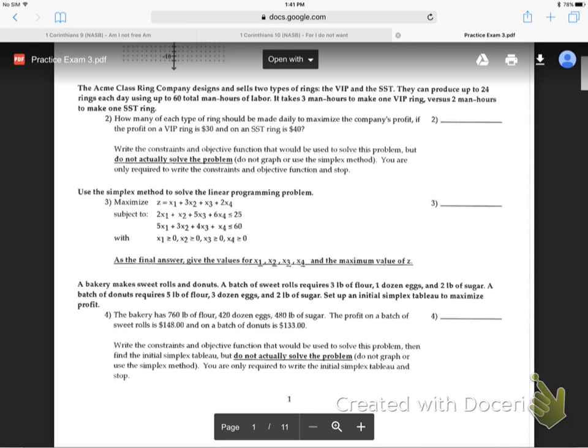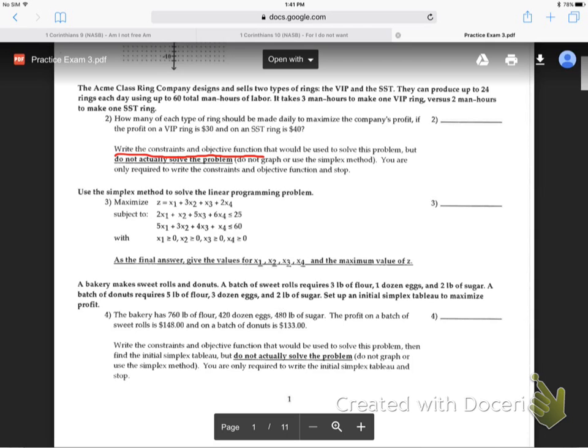We never do this part, but we have to on the test, or we couldn't get it done. So this one, they're just saying only set up. Does that make sense on number 2? Just write the constraints and objective function, but don't solve. So just write that.